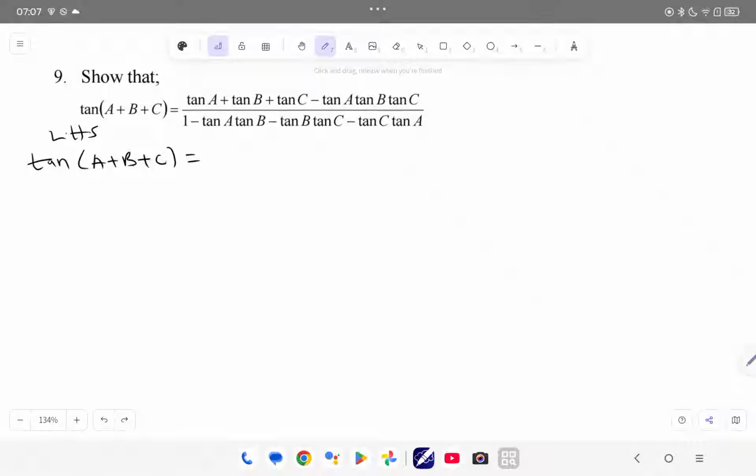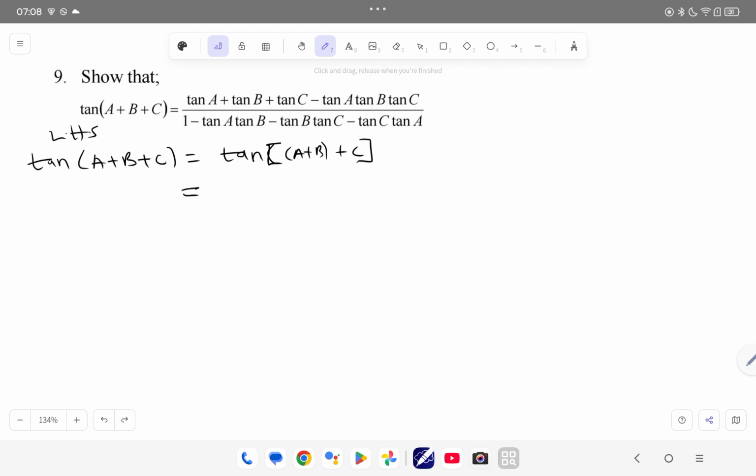Now, what if we break down this angle so that it becomes A plus B, then plus C? You can first group B and C, then you see if you end up with the same thing.